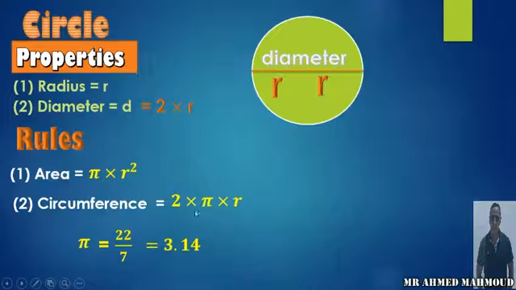It will be written in every problem, but if there is not any value of pi, you can use any of them as you like. Okay, let's solve problems on the circle, but first we need to remember that the area equal pi times radius power of 2 and the circumference equal 2 times pi times r.